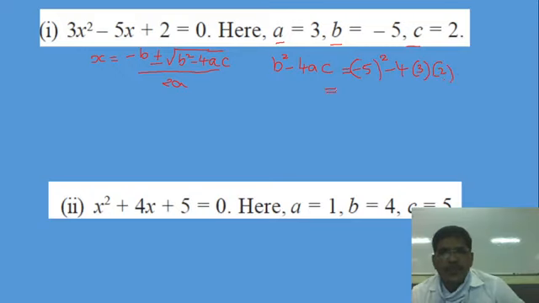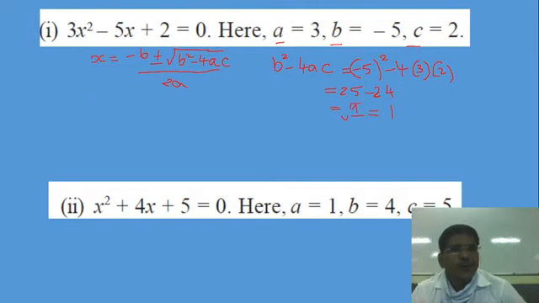Minus 5 square is 25, minus 4 times 3 is 12, 12 times 2 is 24. So 25 minus 24 is 1. Now under root 1, the answer is 1, so we put 1 directly here.